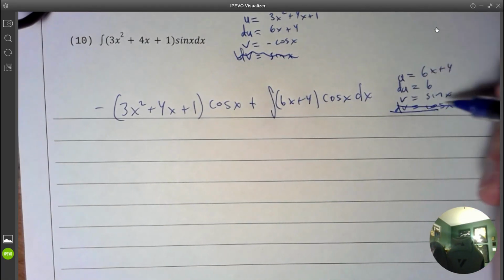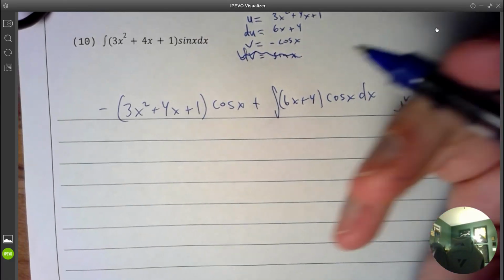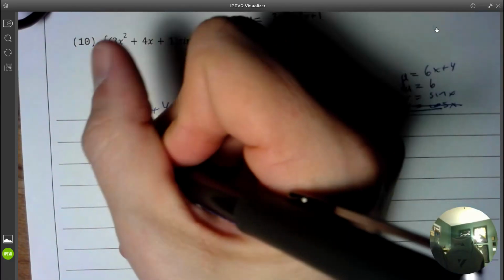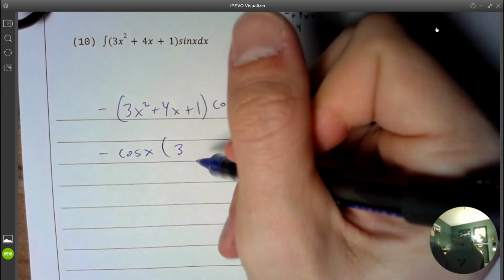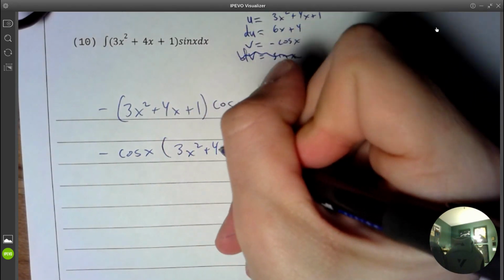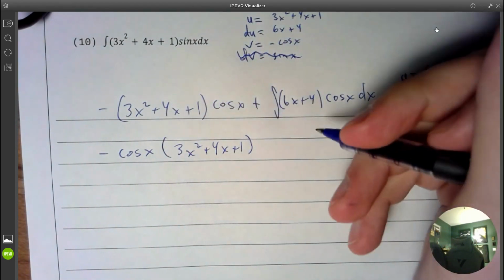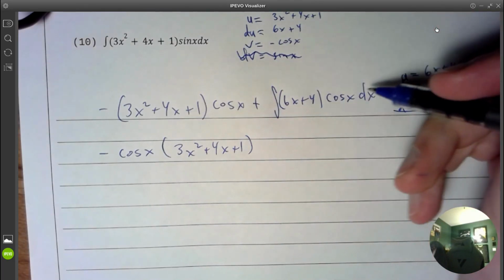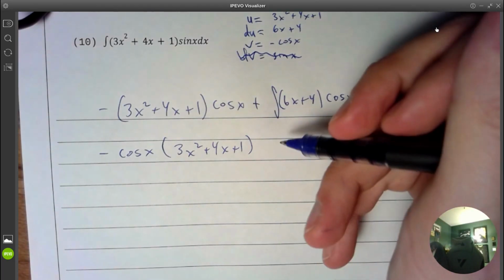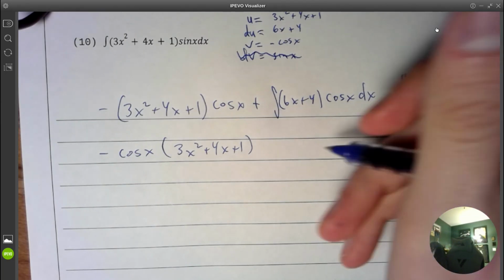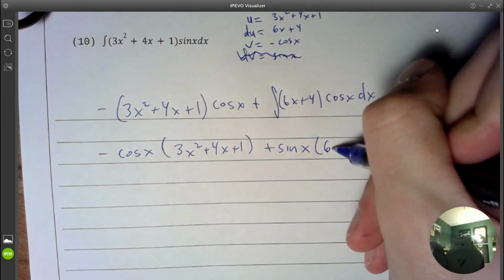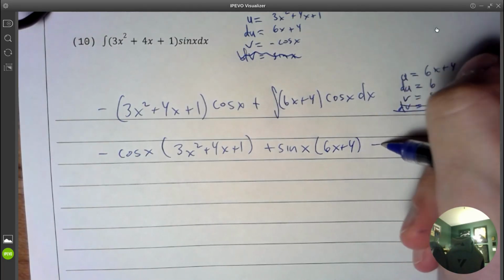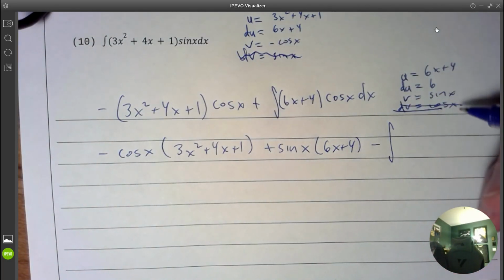Never going to use dv again. Negative. Maybe I'll put the cosine at the front. Doesn't matter. All right, this whole thing here would be u and v, plus sine x times 6x plus 4. Subtract the integral of these two.